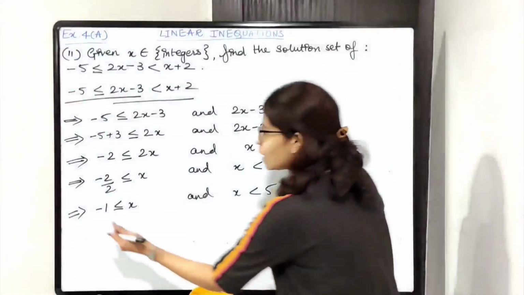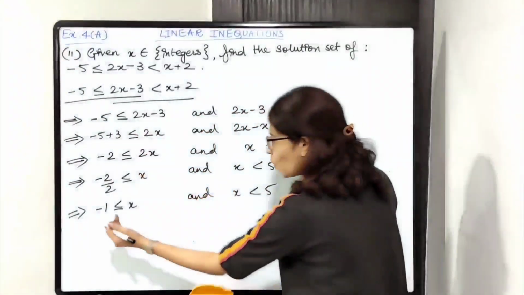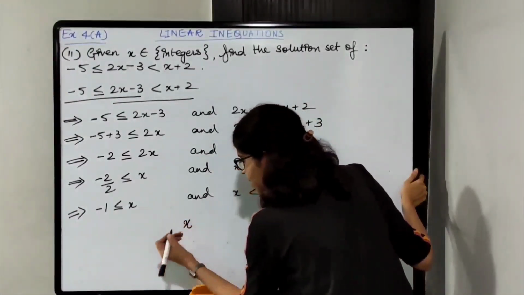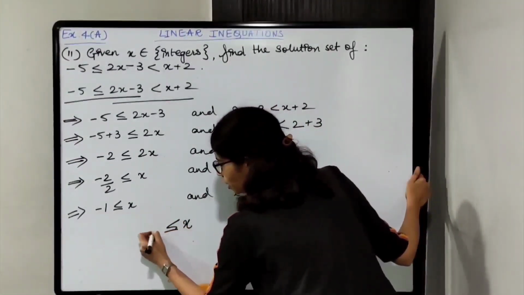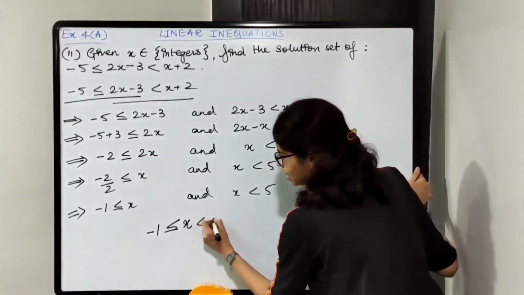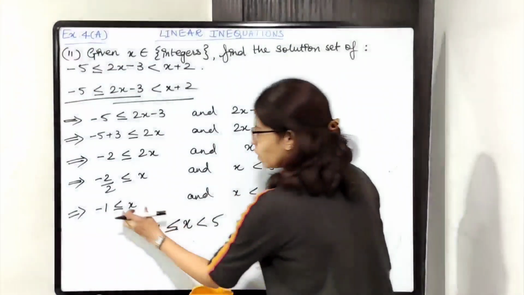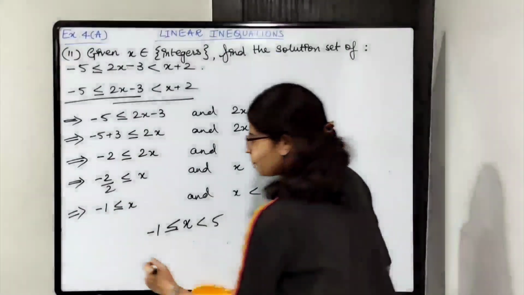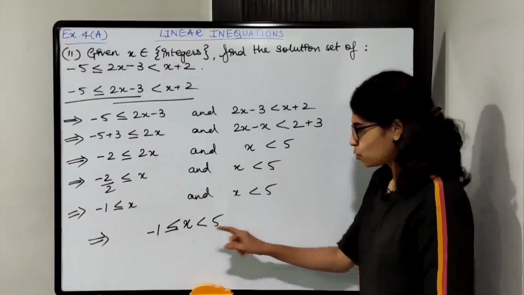So I'll combine the two now. Okay, first I separated. Now I am going to combine the two. So x you will write in between and it is greater than or equal to -1 and less than 5. I just combined the two conditions. So x is greater than or equal to -1 but less than 5. Okay. So this is what we are getting.